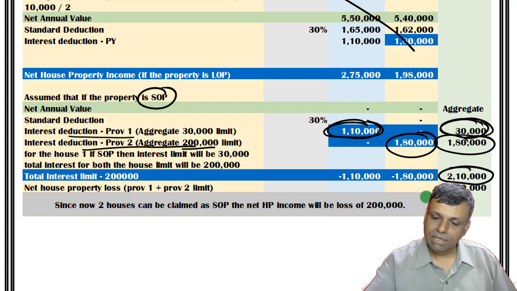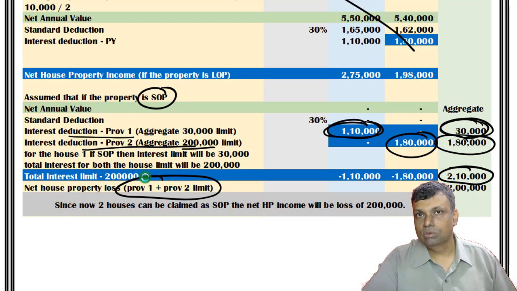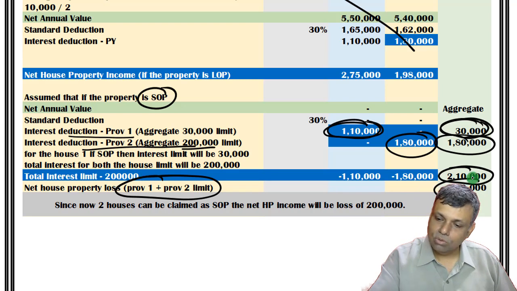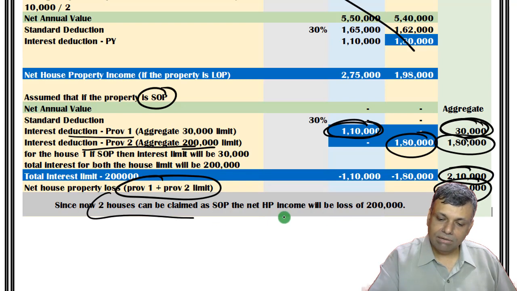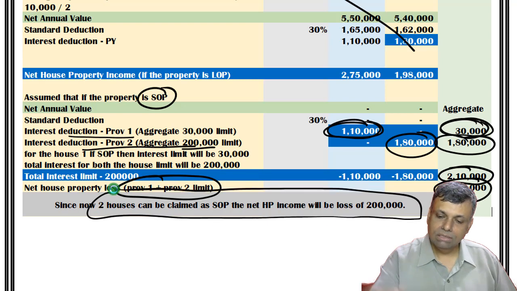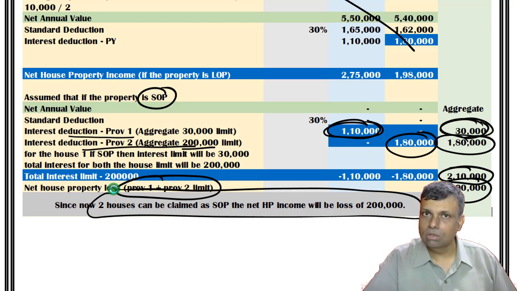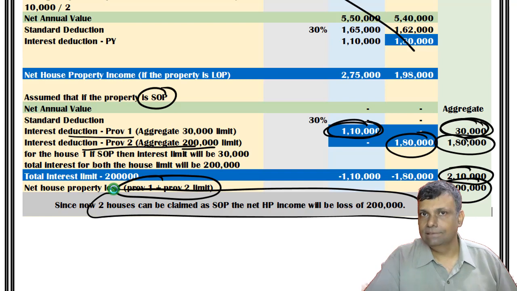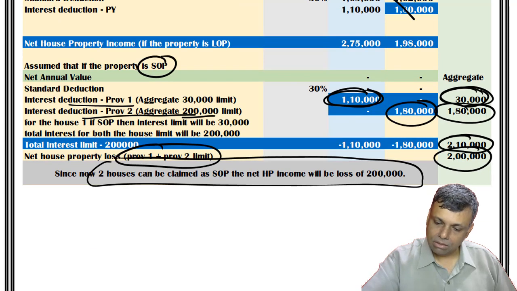But now there is a total interest limit also, because it is 2 houses, that is 2 lakhs of rupees. And therefore, you can straight away jump to the conclusion here that your interest deduction total of both the houses will be 2 lakhs of rupees. That means the net house property loss will be 2 lakhs of rupees in this particular circumstance. So this was one of the main points in this particular question.